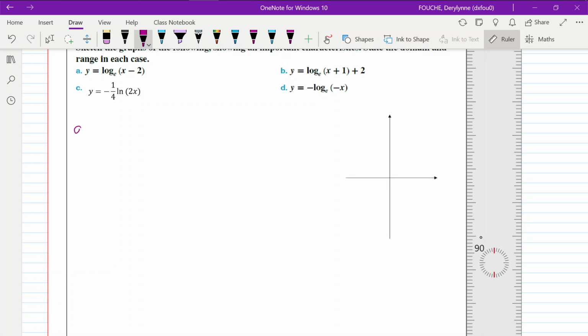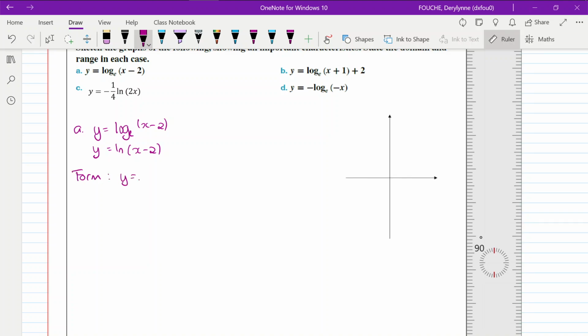It says y equals log base e of x take 2, and I like to write that as ln x take 2. Now, our form of a log equation is this.